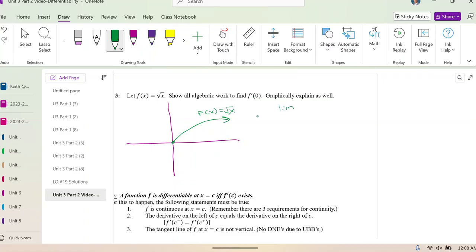It's an endpoint. So therefore, if we find the derivative, remember we can use the alternative form and say the limit as x approaches 0 of f of x minus f of 0 all over x minus 0.